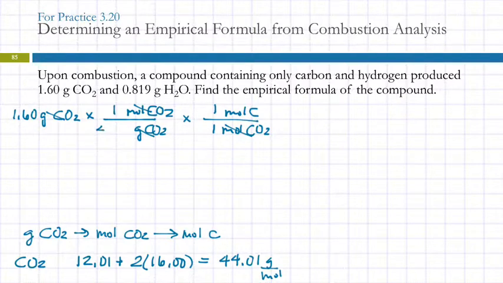So 1 mole of CO2, 44.01 grams. 1.6 divided by 44.01 times 1 over 1 gives 0.036355 moles of carbon.